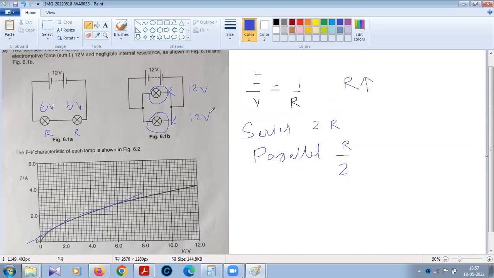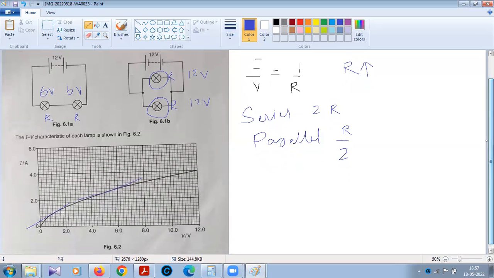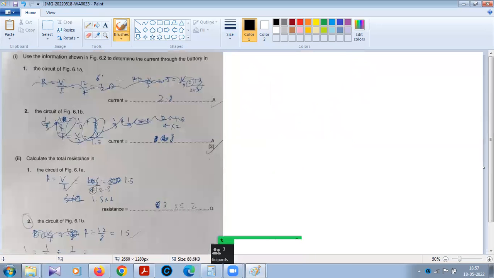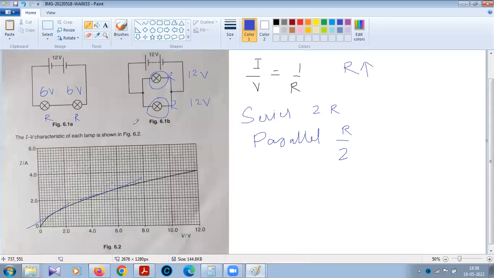So the first part they are asking is, for circuit 6A, find out the current. I will take the 6 volts. Corresponding to 6 volts, whatever current we get, we find out.